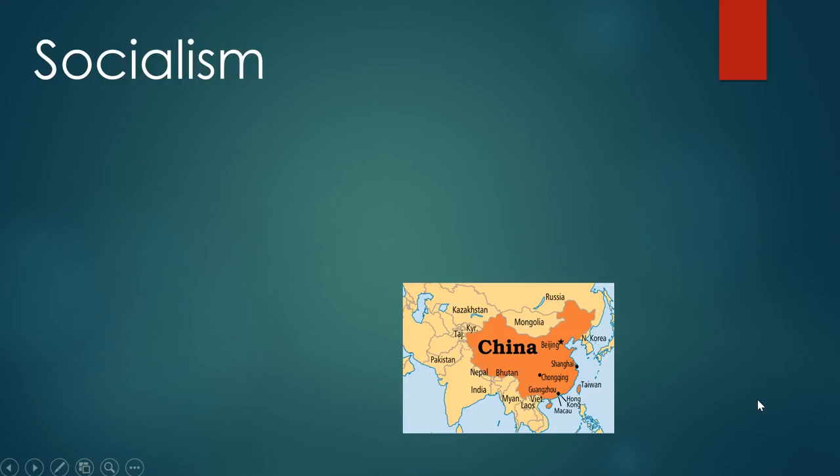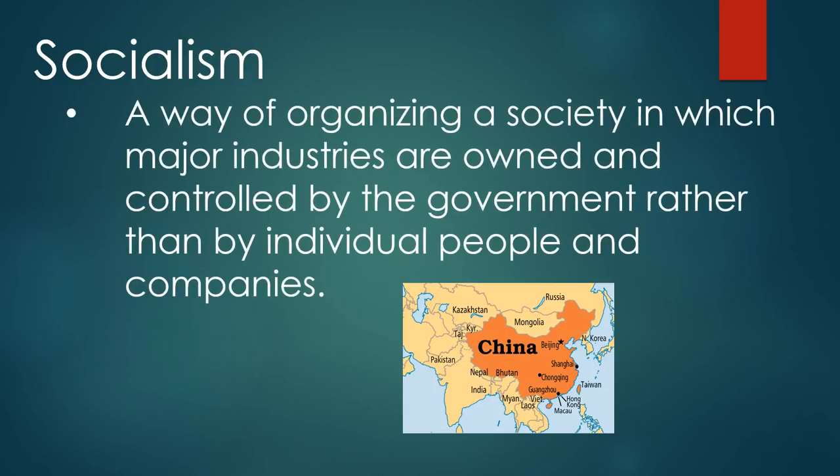Socialism. Oftentimes when people think of socialism, they think of the country of China. And socialism is a way of organizing a society in which major industries are owned and controlled by the government rather than by individual people and companies. So much like communism, within socialism you have a lot of control within the government, but the overall concept of socialism is so that everyone has equal opportunity to things.